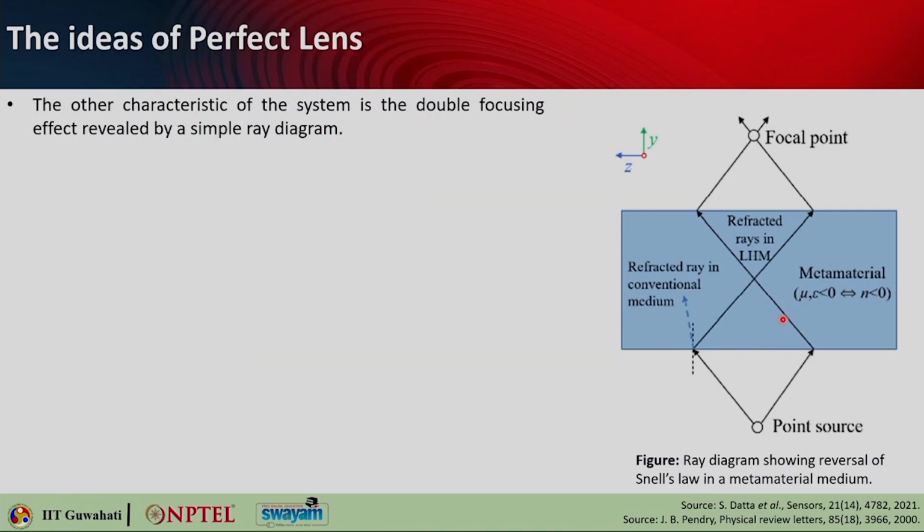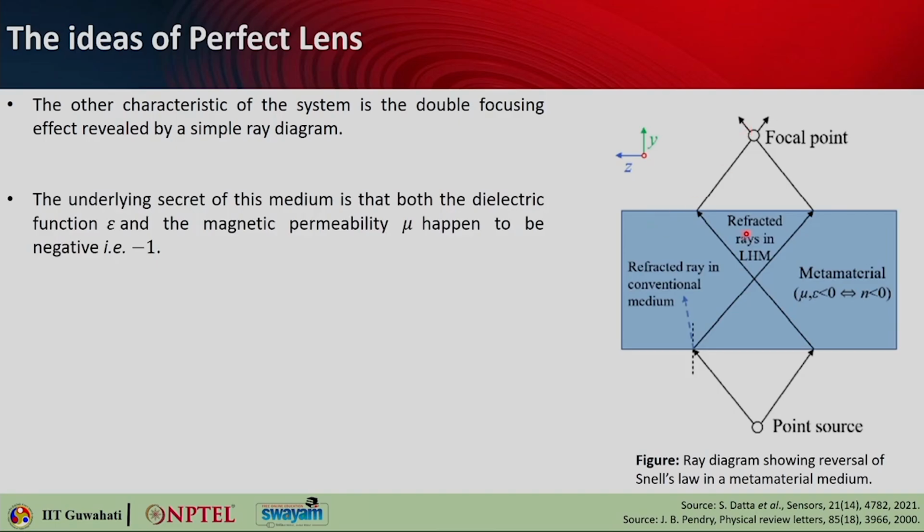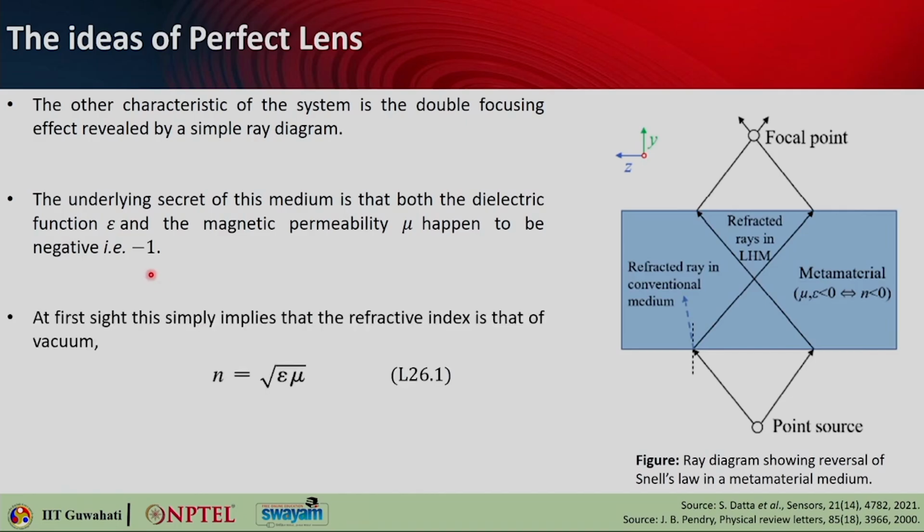Another important characteristic of the system is the double focusing effect, as you can see here. The underlying secret of this medium lies in the fact that both the dielectric function, permittivity, and the magnetic permeability happen to be negative, and you get n equals -1.